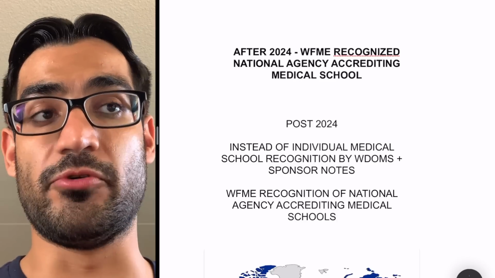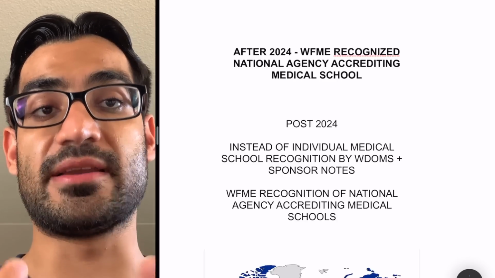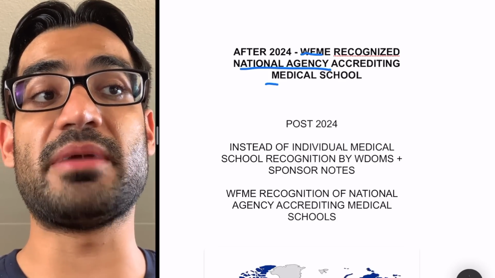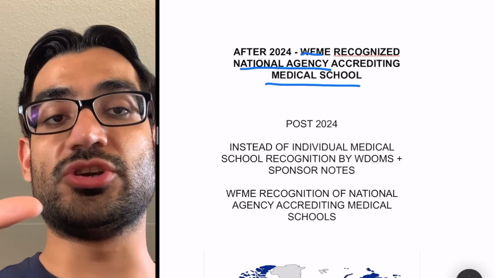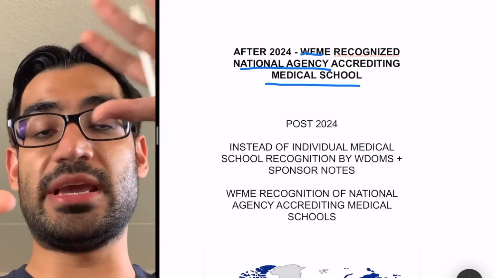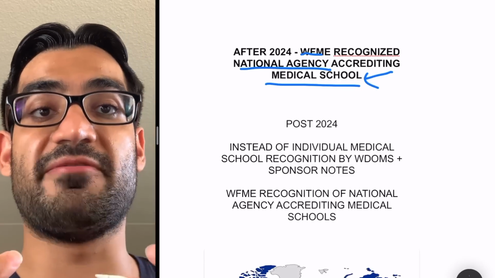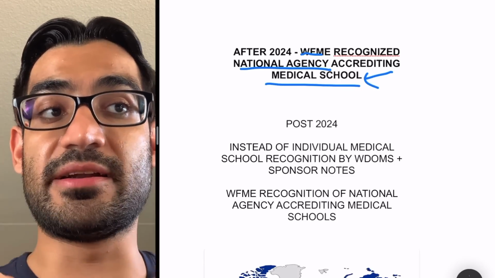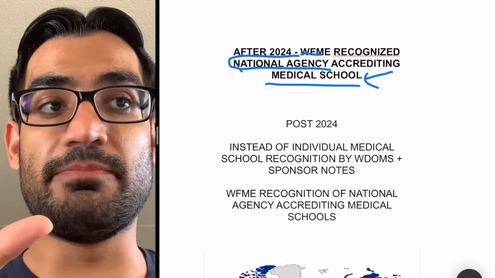After 2024, USMLE is moving away from WDOMS accreditation to WFME-recognized national agencies accrediting medical schools. What that means is the World Federation of Medical Education must recognize the national agency of your country that is accrediting your medical school. For example, if I'm from India, in India there's the National Medical Council, which is the accrediting agency for all medical schools, and this national agency must apply.